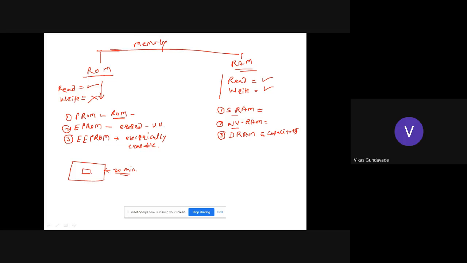The working is the same as that of static RAM, but the capacitors are used as the memory storage locations. So these are the different types of memories which we can interface to the microcontroller.